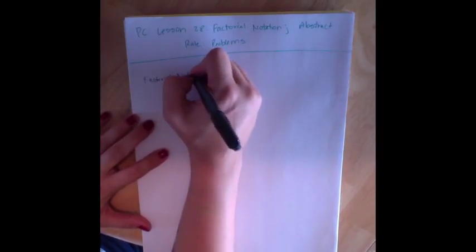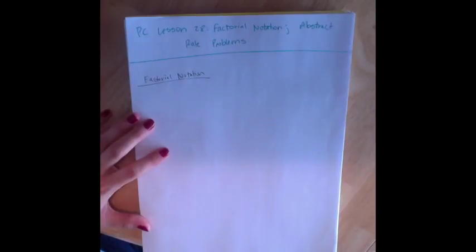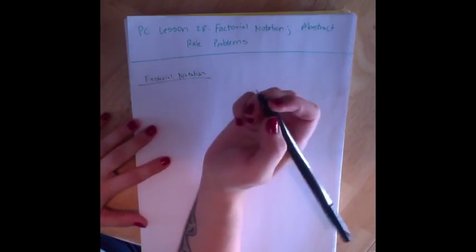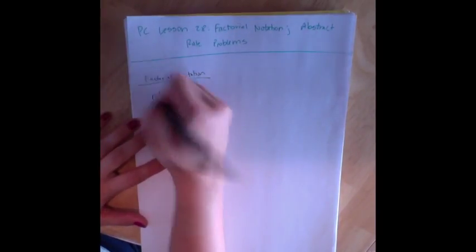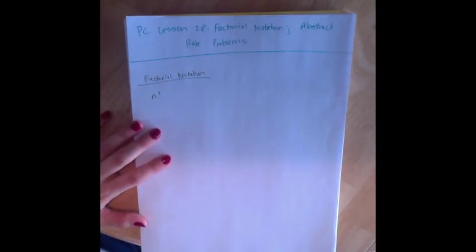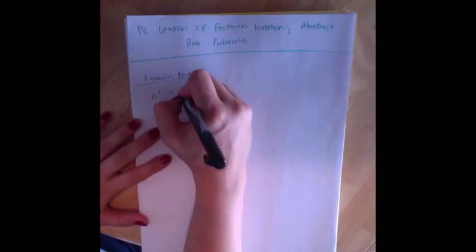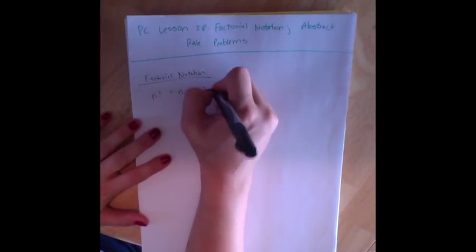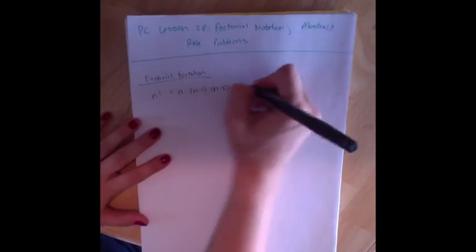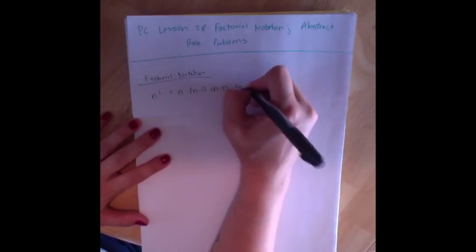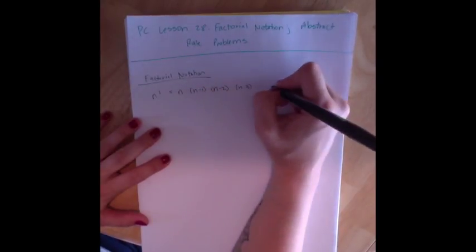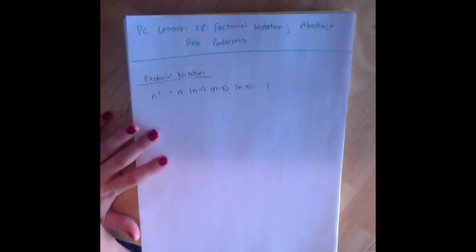Factorial notation is an exclamation point because we're so excited about it. It looks like n is a number, factorial. What we do is n times n minus 1 times n minus 2 times n minus 3, until we get down to 1.